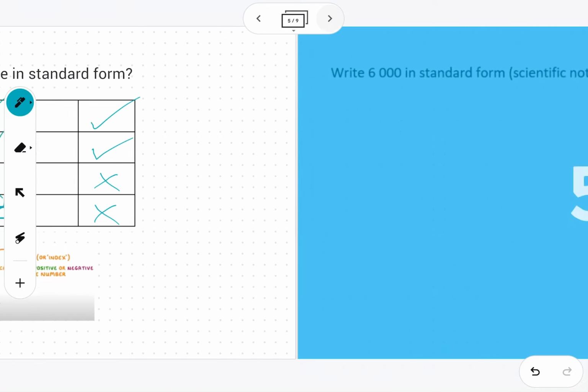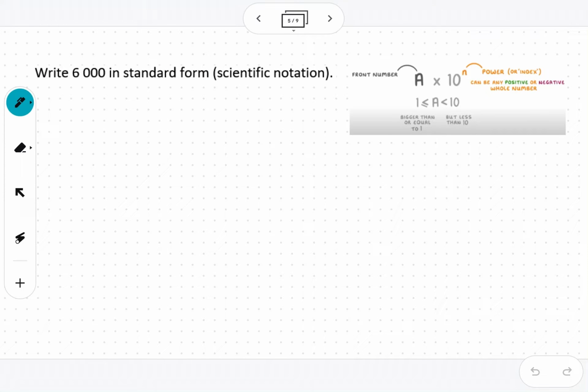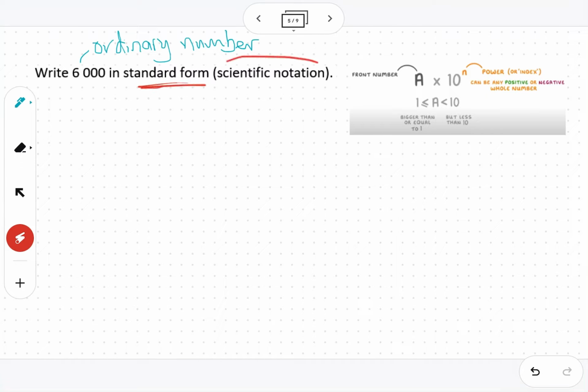Okay. Write 6,000. 6,000 is what we call an ordinary number, the usual number we write. Okay. So write 6,000 in standard form, or scientific notation. So we want it to be in this format. Okay, so we have 6,000. Now the step is, remember we want A to be less than 10, but it has to be 1 or more.